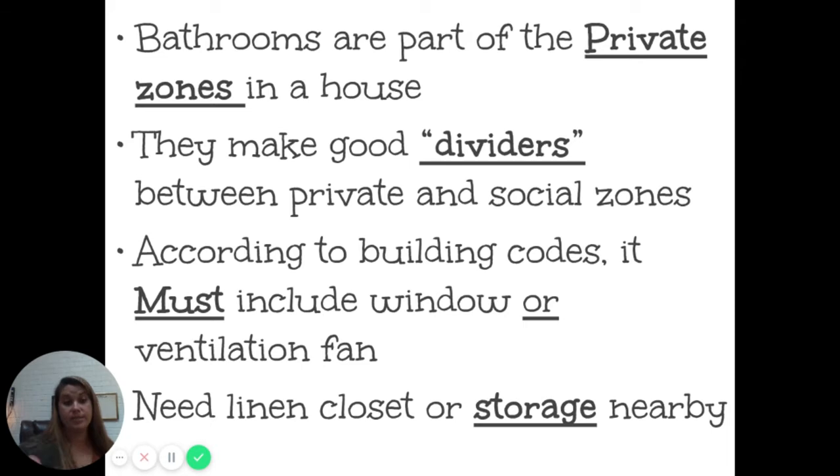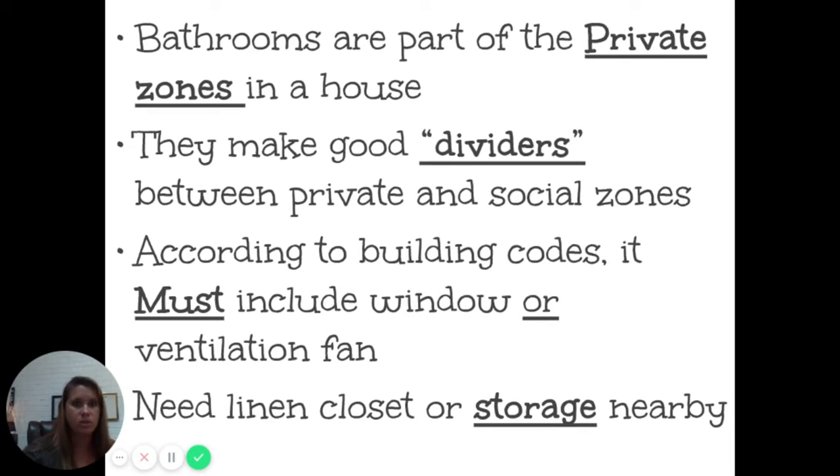So that being said, according to building codes, it must include a window or a ventilation fan in every bathroom that has a shower. And this is because a window or a ventilation fan provides a place for moisture and heat to escape the bathroom. Well, what happens if you don't let moisture and heat escape a space?